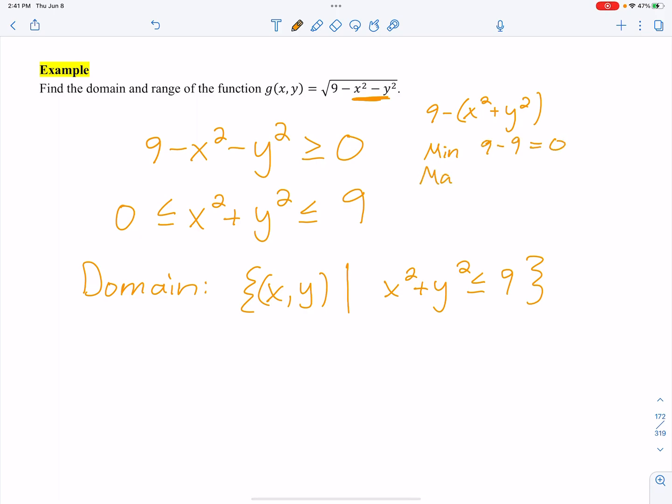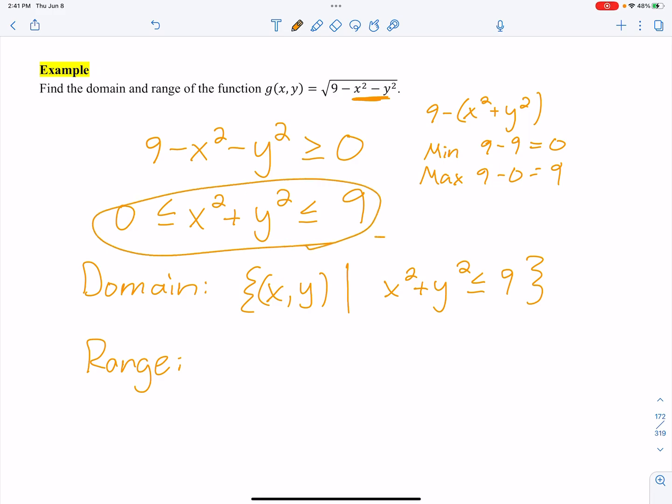And then I have a maximum, which would be 9 minus 0 equals 9. So we're trying to find a range. Those are the outputs that are going to be spit out. Either I have between 0 and 9, so I know that I get in between these two values based on that.